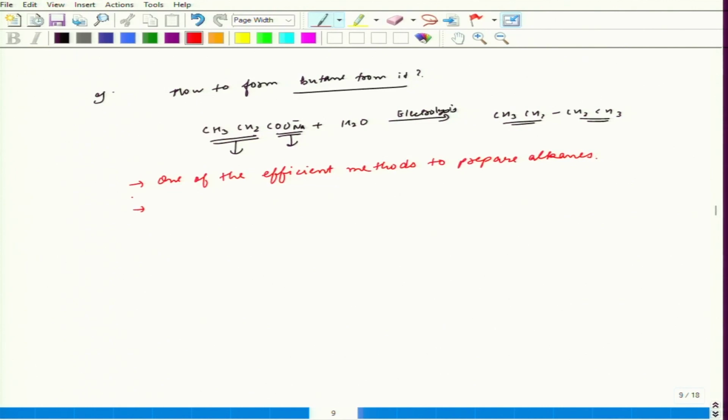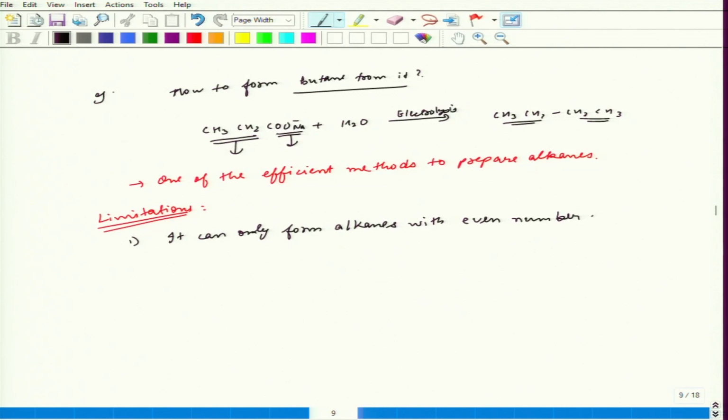There are some limitations of it. What are the limitations? First limitation, it can only form alkanes with an even number of carbons.